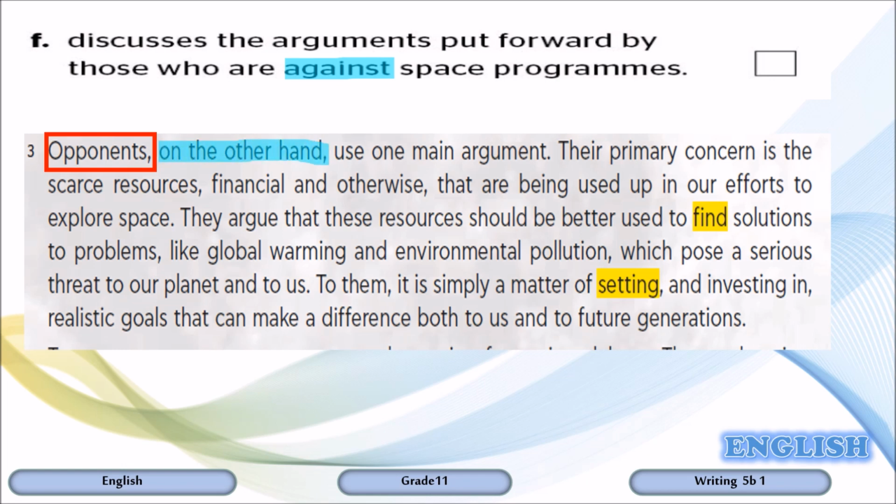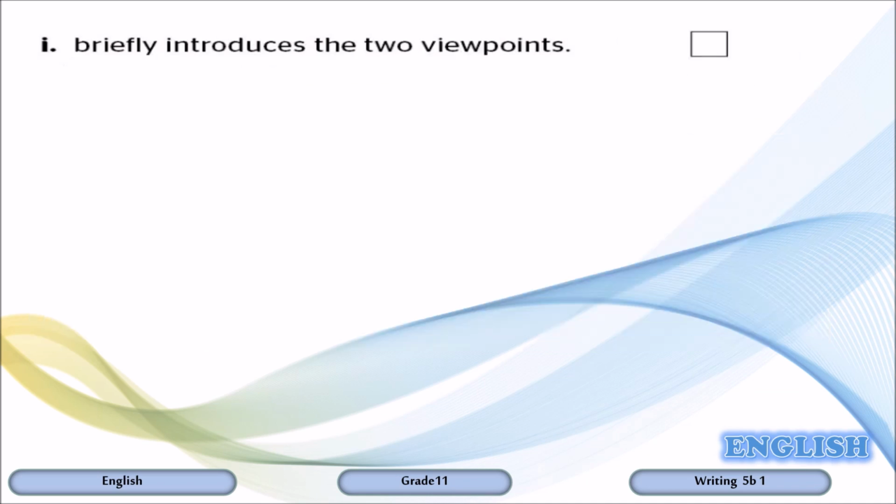What is the function of the phrase on the other hand? It shows the opposite argument. Thank you very much. So what is their claim? Their primary concern is the scarce resources, financial and otherwise, that are being used up in our efforts to explore space, and this is clearly an opposite idea of the previous paragraph.